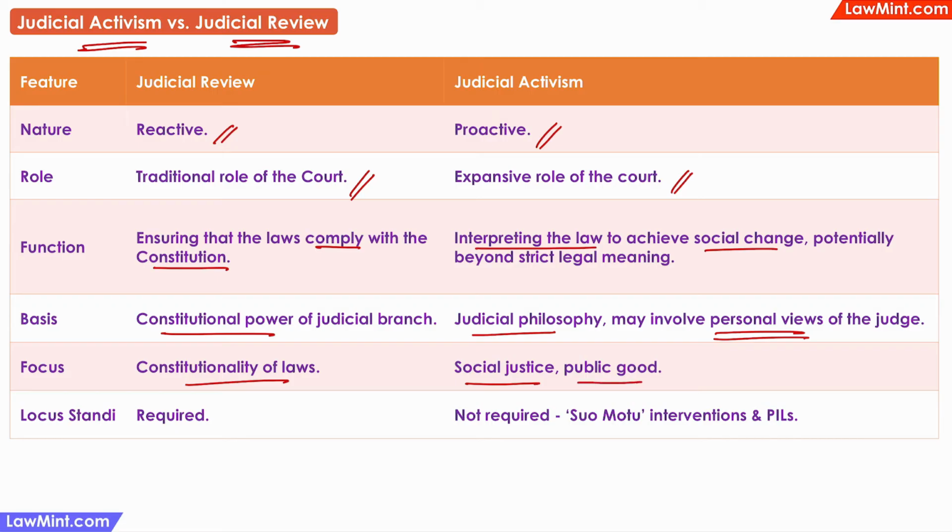And like I have explained earlier, for judicial review, the person or the entity bringing the issue to the court should have a locus standi in the matter. Whereas for activism, the court can take cognizance of the issues suo motu, that is on its own accord, and also on the basis of public interest litigations.